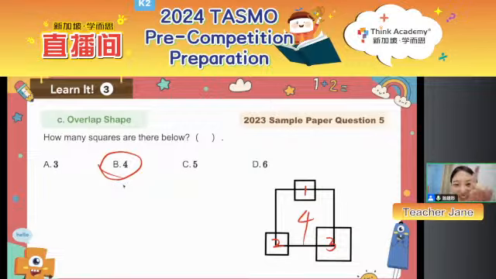No, no, no, again. Okay, so everyone be careful. This time we can see some of the shapes, they are overlapped with each other, right? So can you notice this part? The overlapping part also become a new square, right?